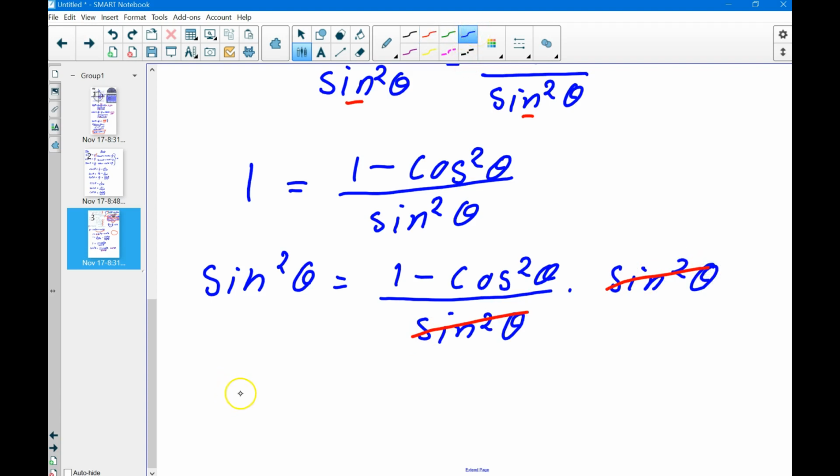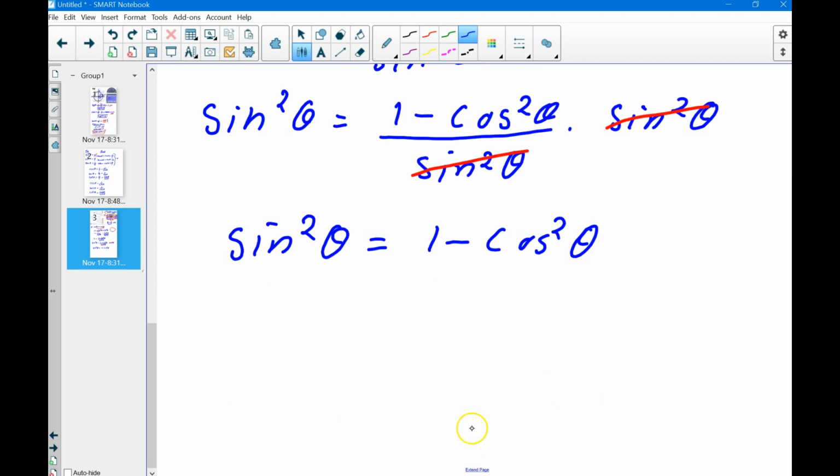Now I have sine squared theta equals 1 minus cosine squared theta. And let's bring the cosine back on the other side, and you see I have sine squared theta plus cosine squared theta equals 1. And guess what?